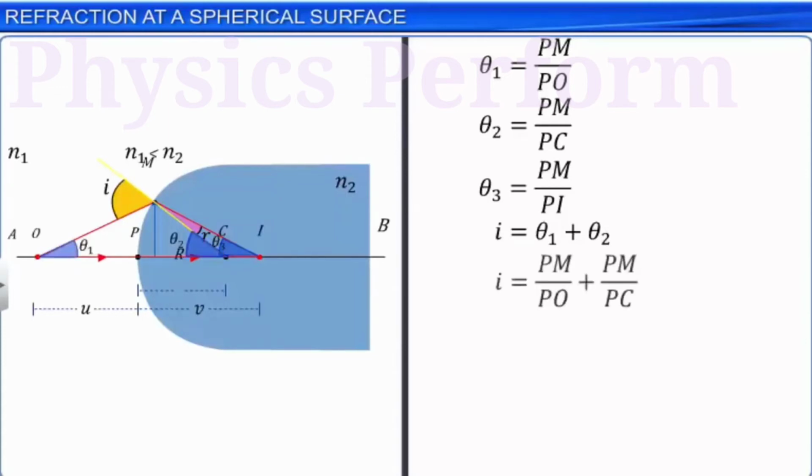But according to Snell's law, sin I by sin R is equal to N21, and we know that N21 is equal to N2 by N1.